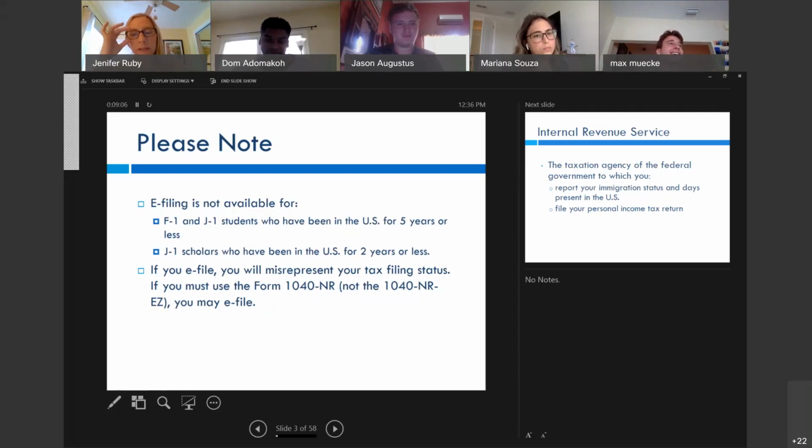The only form that you can now do electronically is the form 1040 NR. You would only want to do that if you needed to file that form, because it's a more complicated form and is really meant for use in particular tax circumstances. So most of you should be able to do the 1040 NREZ.